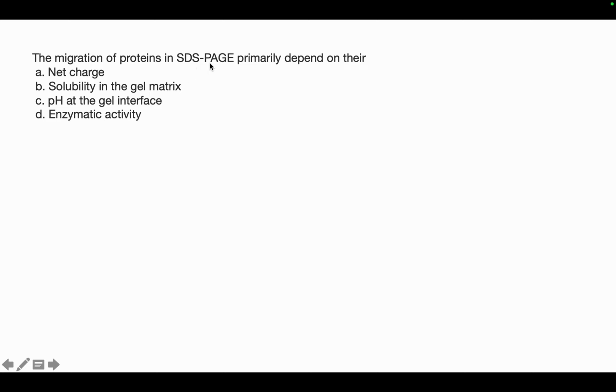Migration of proteins in SDS-PAGE primarily depends on their net charge, solubility in gel matrix, pH at gel interface, or enzymatic activity.